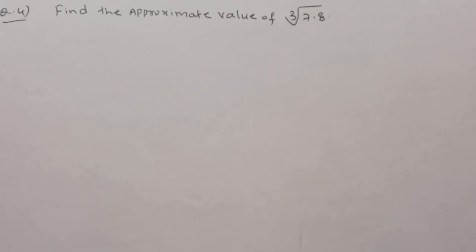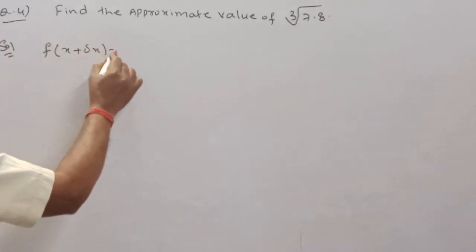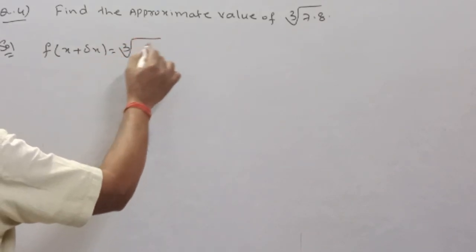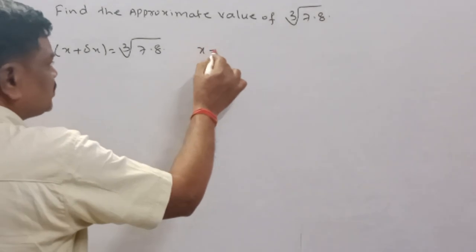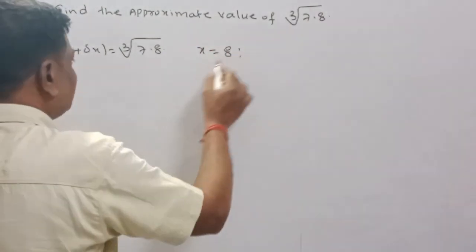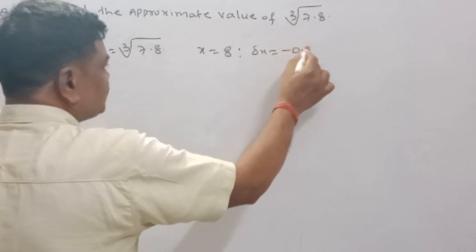Find the approximate value of cube root of 7.8. Okay, all of you, here we have given f of x plus delta x is equal to cube root of 7.8. Here you take x is equal to 8 and delta x is equal to minus 0.2.